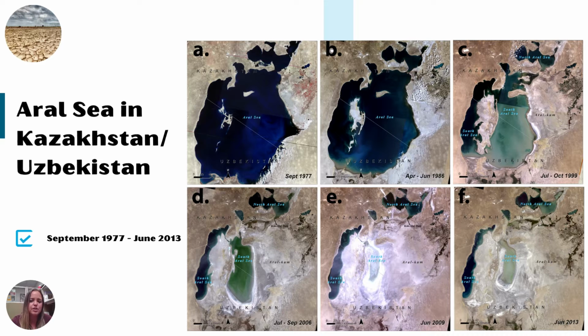So there's an image under A there showing you September of 1977. And then in the bottom right, it takes you all the way to June of 2013. So we've had significant depletion of this freshwater storage.